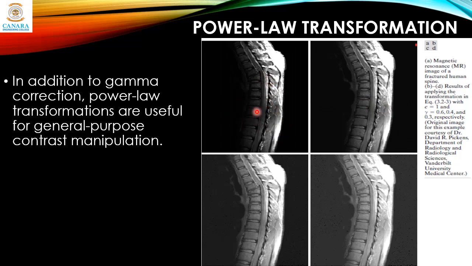This is an MRI scan image, and if you apply gamma values of 0.6, 0.4 and 0.3, this will be the result. You can see the original image is a bit darker. If you want to make the less bright areas appear brighter, you can use gamma values of 0.6, 0.4 and 0.3, and this will be the result.